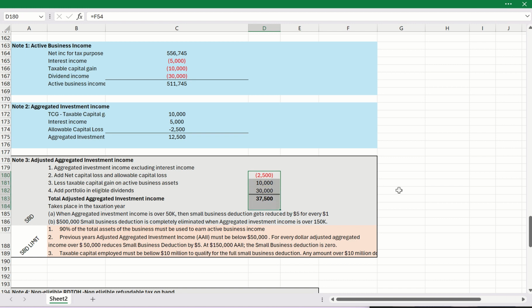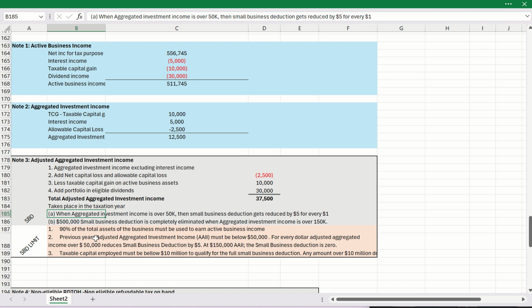We are below the $50,000 limit. So meaning, one more time, the SBD would get affected when the adjusted aggregated investment income is over 50,000. So you can see it over here. It would be reduced by $5 for every additional $1 of adjusted aggregated investment income. Then we know the 90% of the asset must be used in the business.